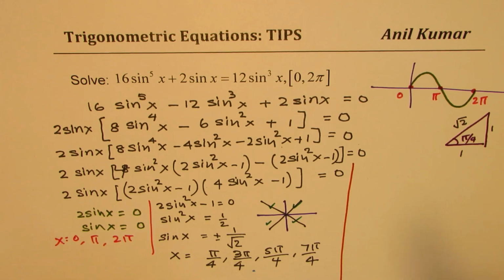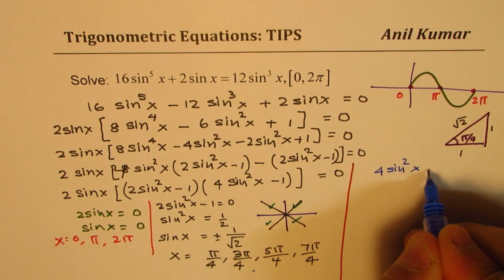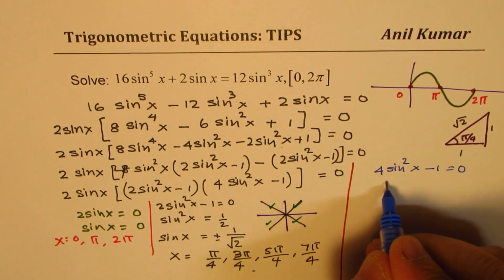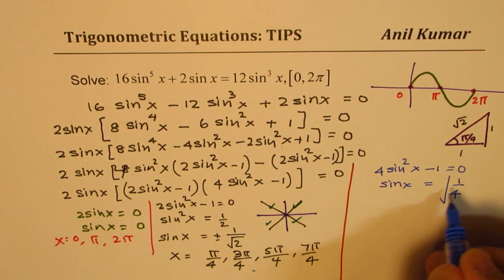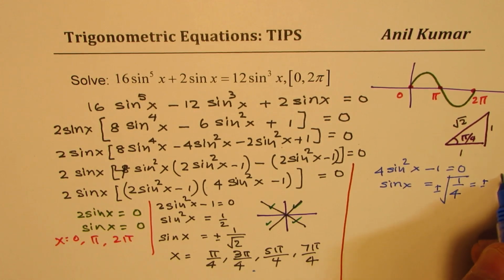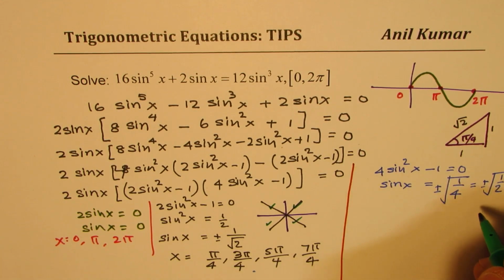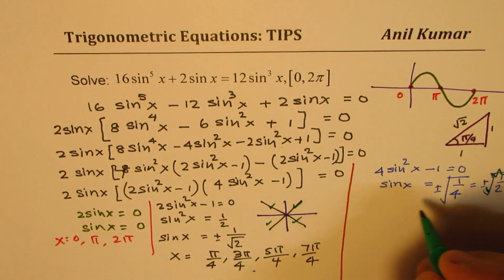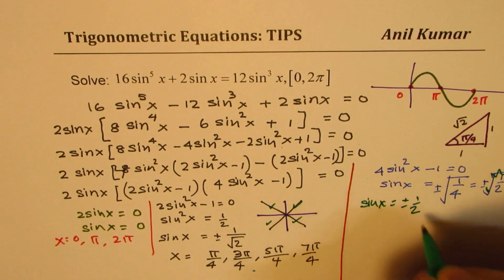Now the third part is, let's do it here. We have 4 sine square x minus 1 equals 0, or we get sine square x equals 1 over 4, and then again we'll take the square root with plus and minus. So that gives you plus minus half as your solution. For plus minus half, you could use 30, 60, 90. So we're looking for sine x equals plus minus half, correct?